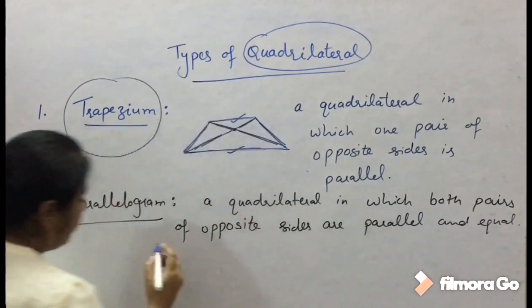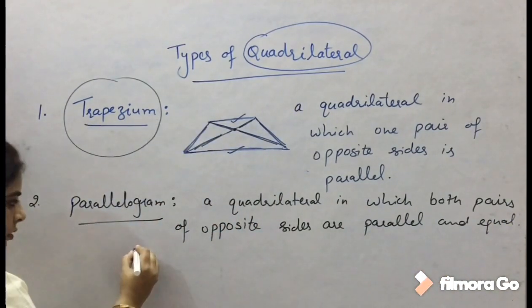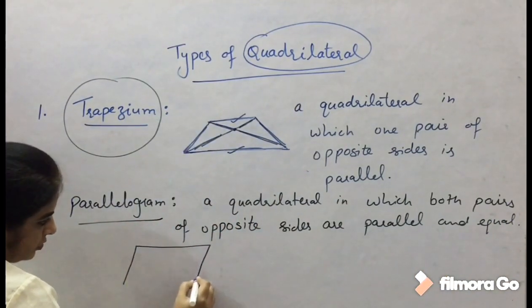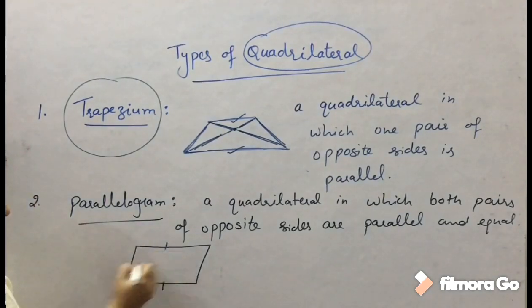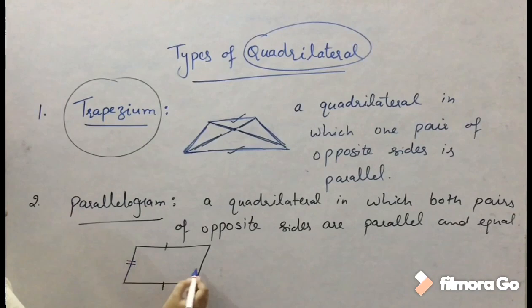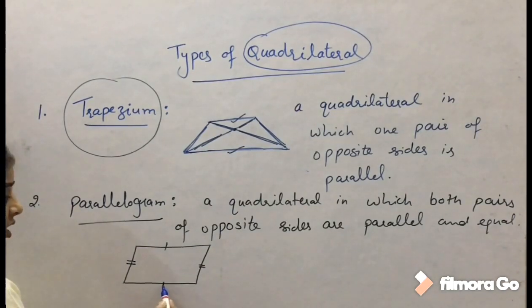Generally we make it like this. See, this pair is parallel to this. This pair is parallel to this. So a quadrilateral in which pairs of opposite sides are parallel and equal.